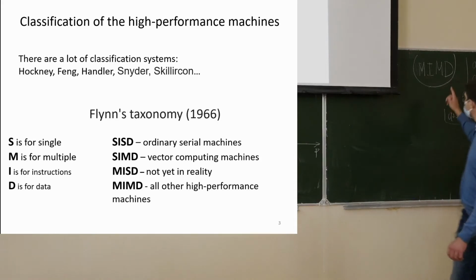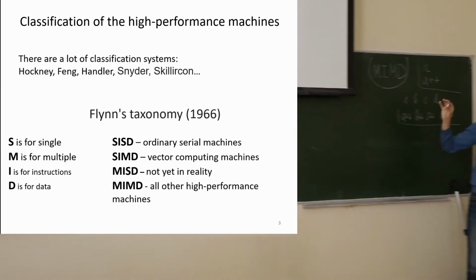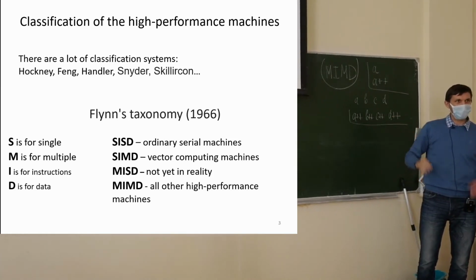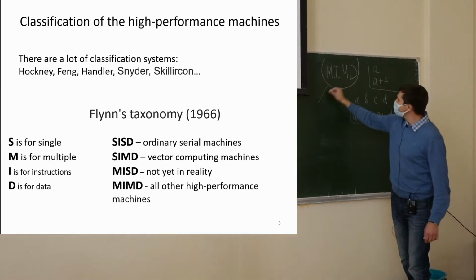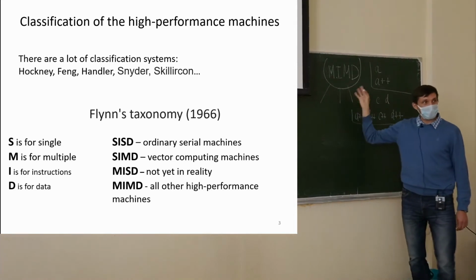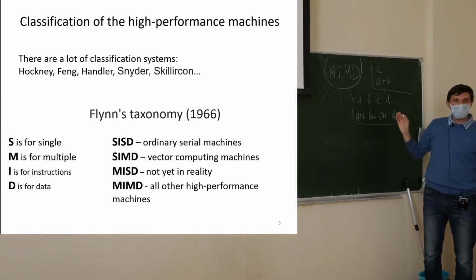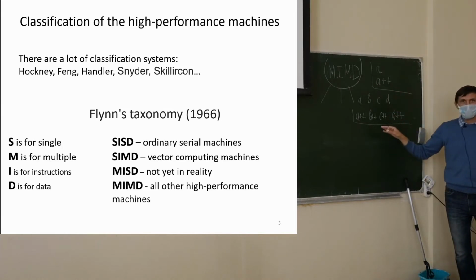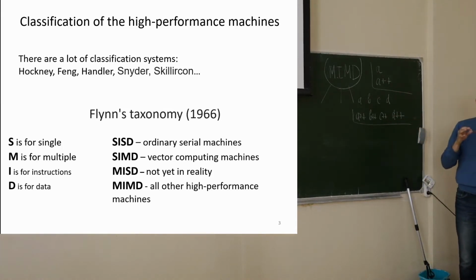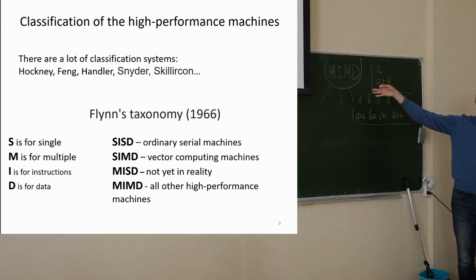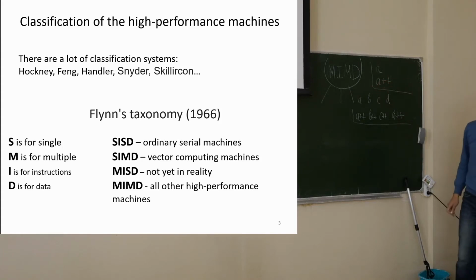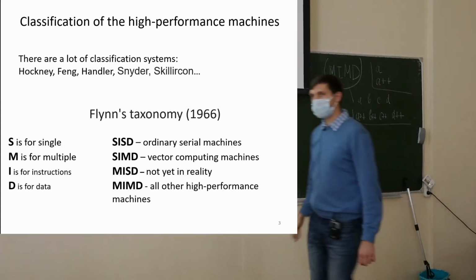And in the MIMD class, there is also some classification, because clusters are here, and machines combining different cores on one crystal are also here. Let's consider this class MIMD.